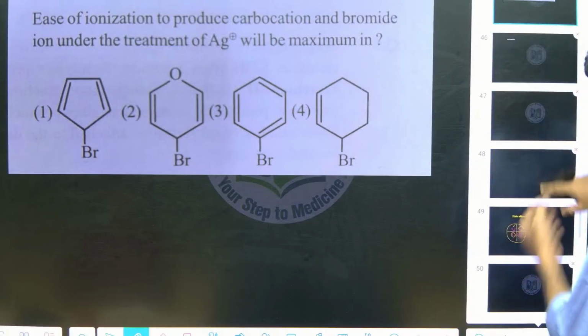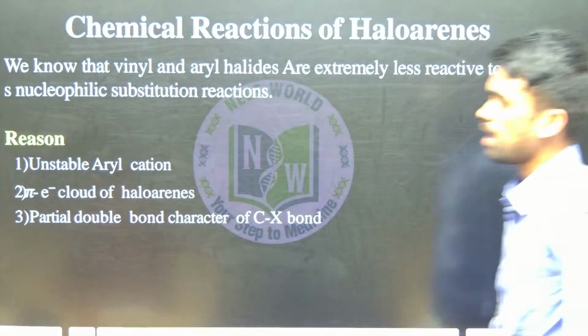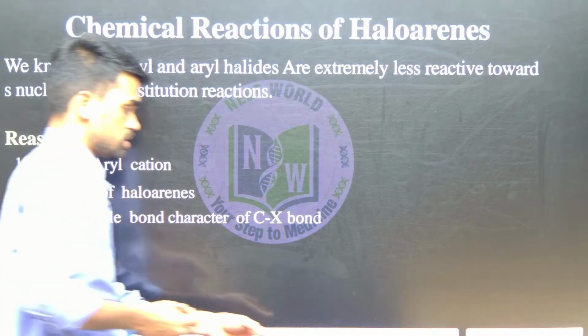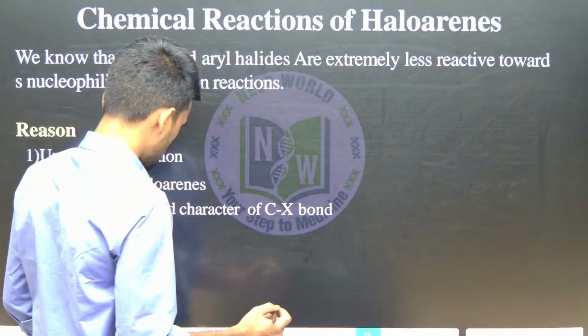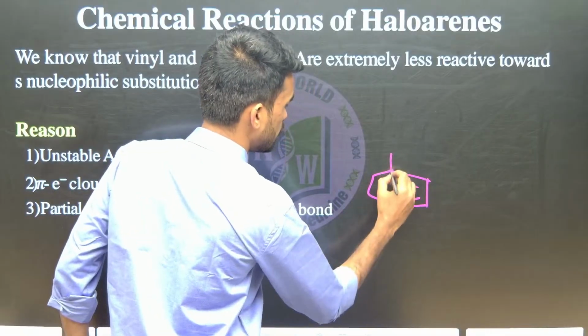Right. Now we will be discussing the reactions of haloarenes. What are the chemical reactions shown by haloarenes? Tell me. See, haloarenes means an aromatic ring, like a benzene ring, on which we have one halogen.